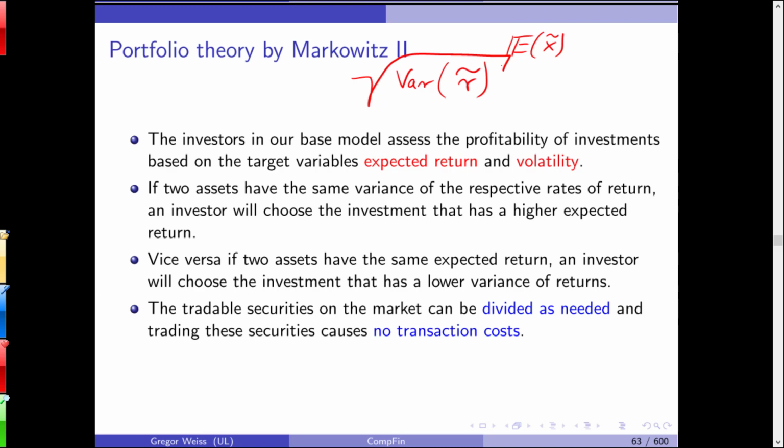If two assets have the same variance, and if they have the same variance, they will have the same volatility, they choose the asset with the higher expected return, and if the two assets have the same expected return, they will choose the asset with the smaller volatility. A very simple mu-sigma approach to decide which asset to buy and which portfolio to buy.